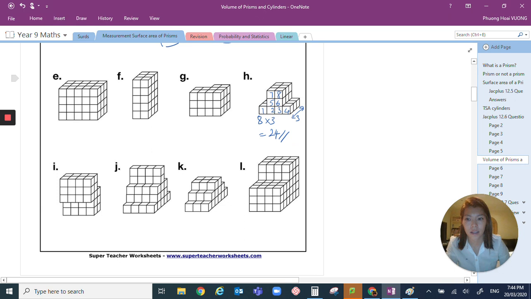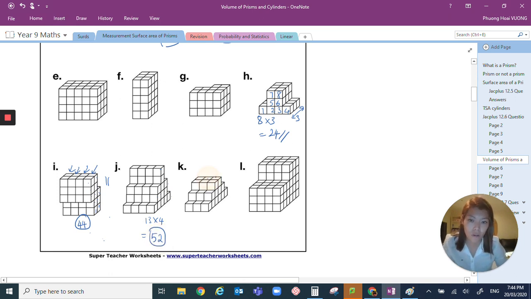Let's try I. So we have 1, 2, 3, 4, 5, 6, 7, 8, 9, 10, 11. And there is 1, 2, 3, 4. So there's 44 cubes for this one. Have a go at this one. So 13 times 4, we have 52 little cubes. So you get the gist of it.